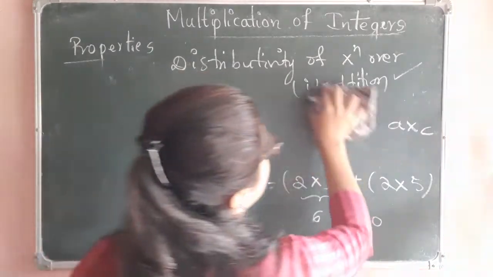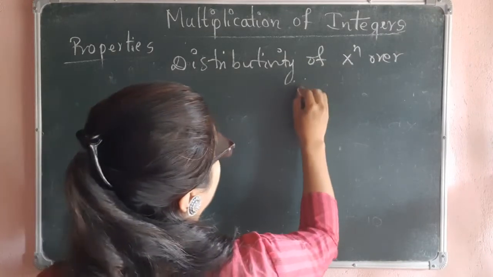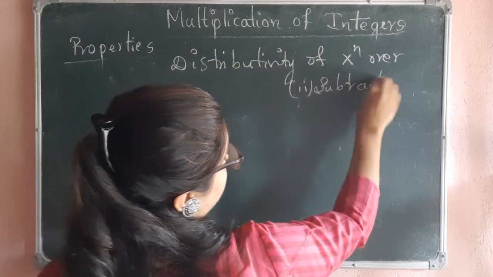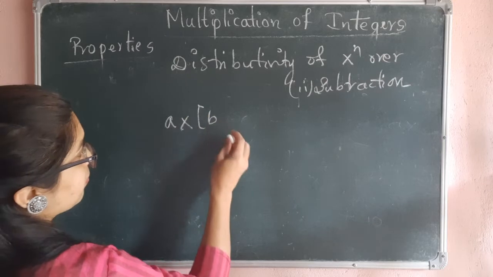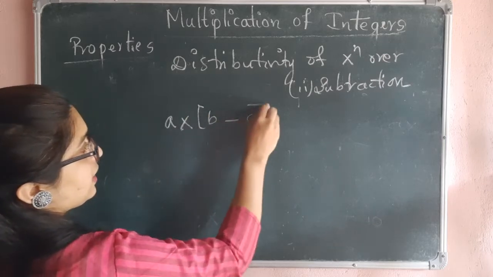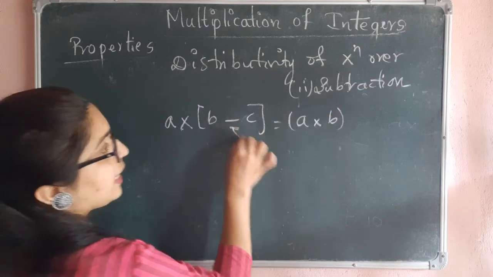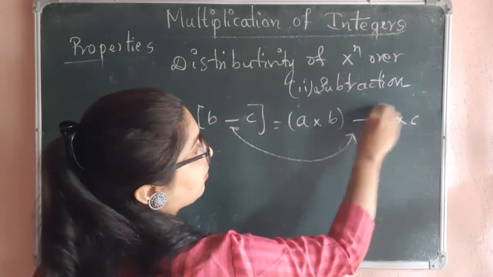Next is distributivity of multiplication over subtraction. So a into (b minus c) is equal to a into b, this sign as it is, and again a multiplied with c.